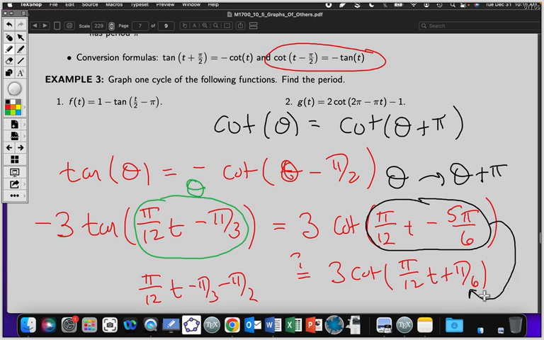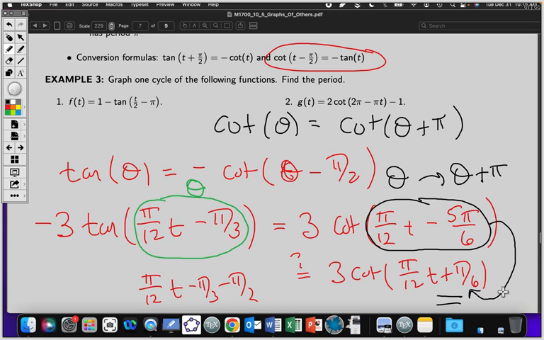So if I add 6 pi's over 6, I get back to this version of it there. Okay. So you can use these conversion formulas as well, like we had with sine and cosine. They may look different, but if you go through and apply the periodicity of them, you're going to get the same thing.